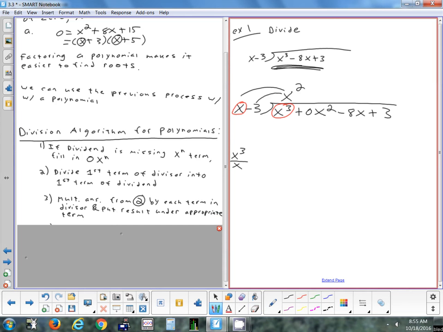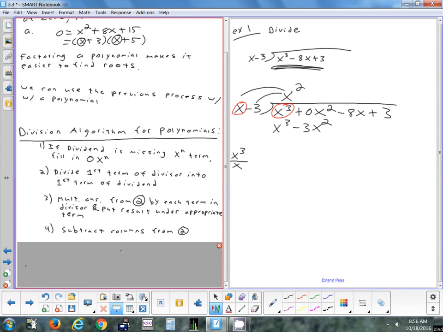So Hannah, what's x squared times x? X to the third. Yep, x to the third, and x squared times -3? Minus 3x squared. Yep, perfect. So that's step 3. Just multiply that term back out.